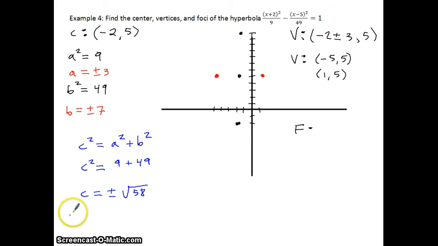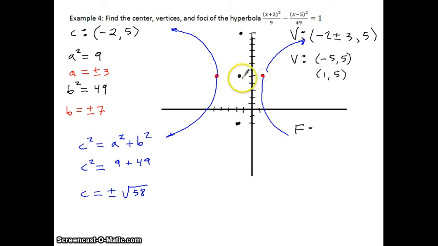And remember that the focus points are within the cup of the parabola, and our parabolas are shooting out this way. I know that because these are my vertices here, and remember that the focus points are along the transverse axis, which is right here.